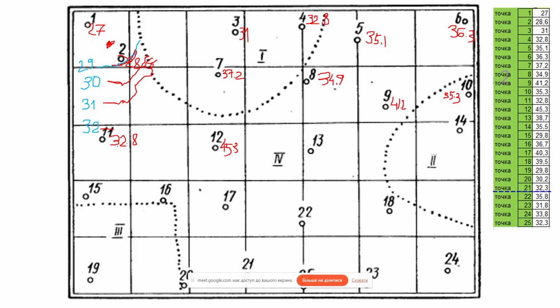11 and 12. It will be the 33 line, 34, 35, 36, 37, 38, 39, 40, 41, 42, 43, 44, 45.